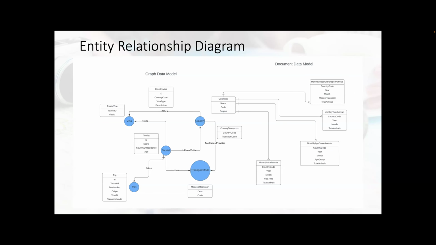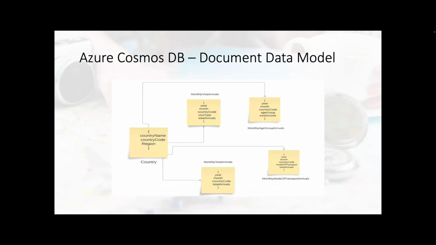And in our graph data model, we have important parameters such as tourist, transport mode, country, and visa, and we have seen relationships between them. For a country, it can offer different modes of transport and different visa types. So this is our overall entity relationship diagram.